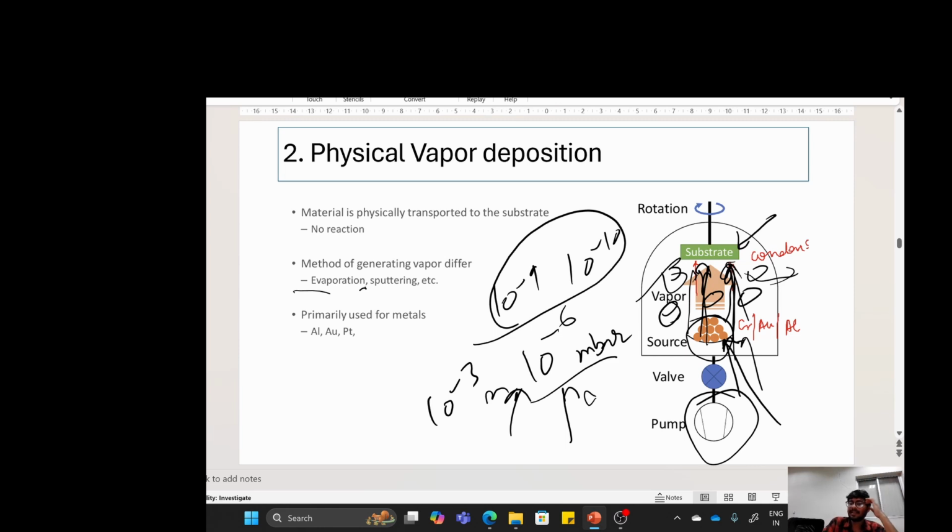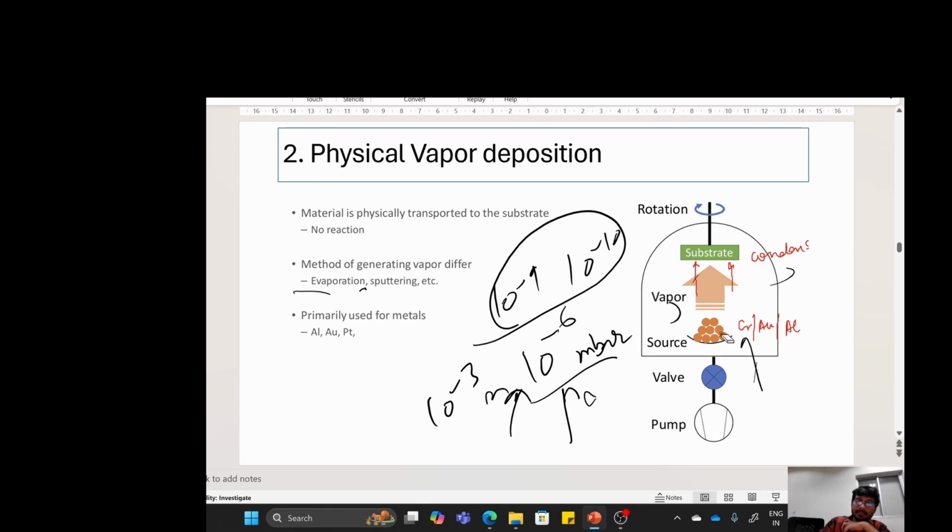At that temperature, the material will get evaporated and taken to the substrate, and you will get the deposition. Aluminum, gold, platinum, these kinds of metals are mostly deposited with physical vapor deposition only.